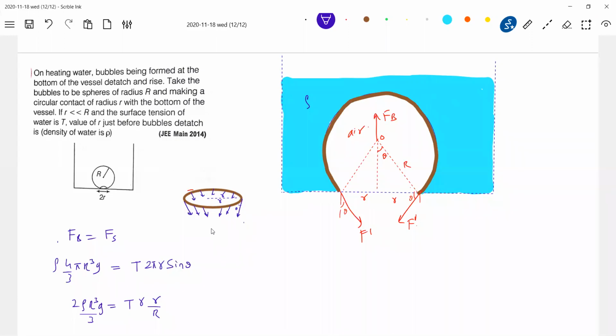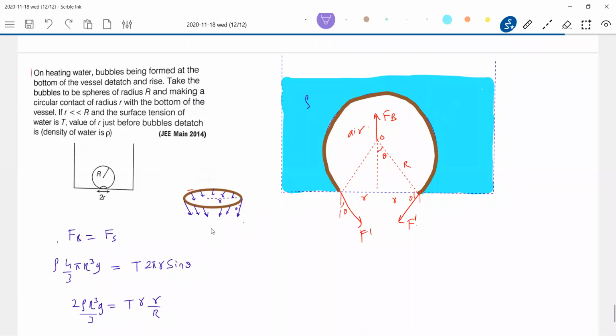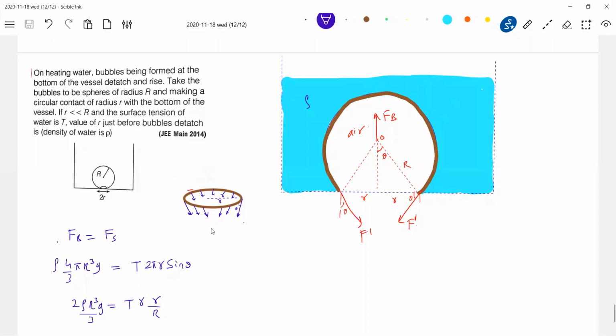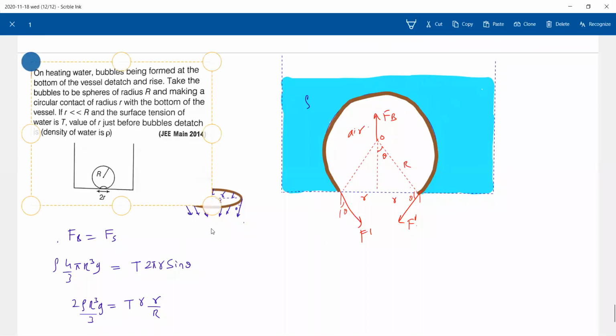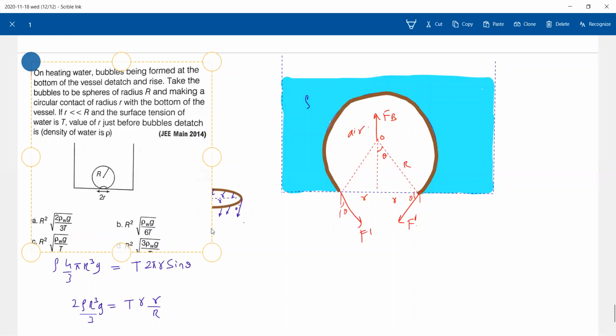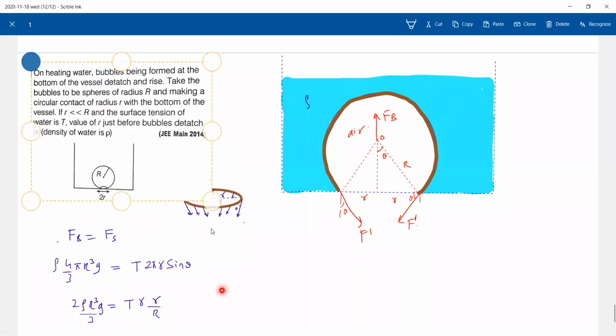So whatever equation you want, what is the question given? It is asking for the value of r at which the bubble detaches.